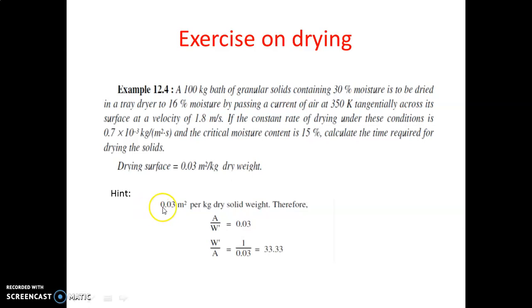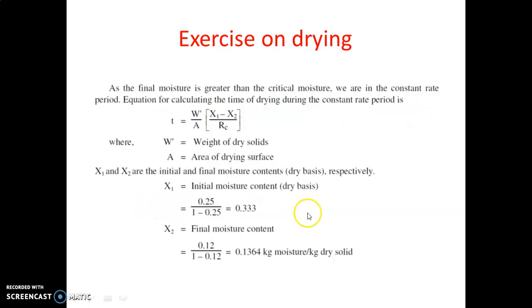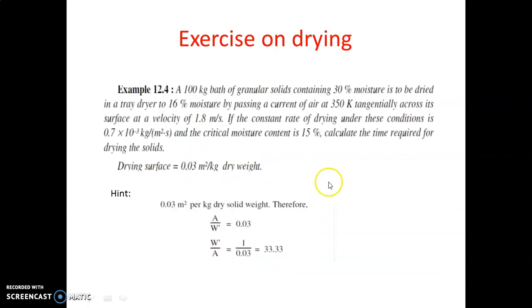And the hint is that in the previous problem we calculated the values of W dash and A separately, but in this exercise the value of A divided by W dash is given, that is 0.03. Then you have to take the inverse, W dash by A. So 1 upon this value we obtain 33.33.